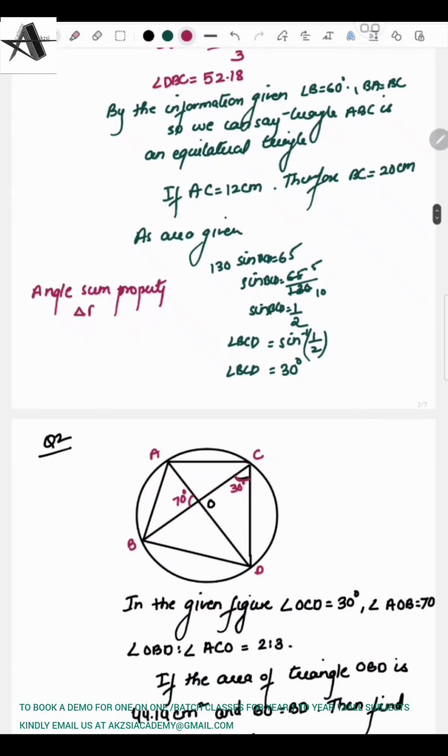In triangle BDC, 52.18 plus 30 plus the value that we want to calculate, let us say y, is equal to 180. This is 82.18 plus y is equal to 180, and finally y is 180 minus 82.18, that will give you 97.82.